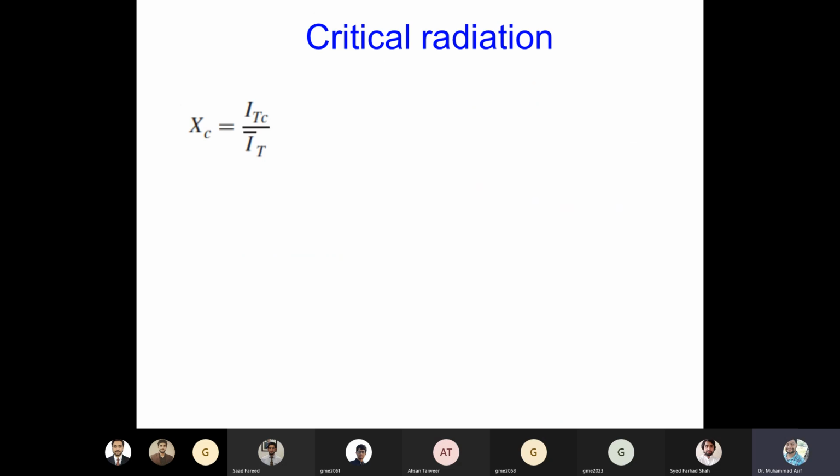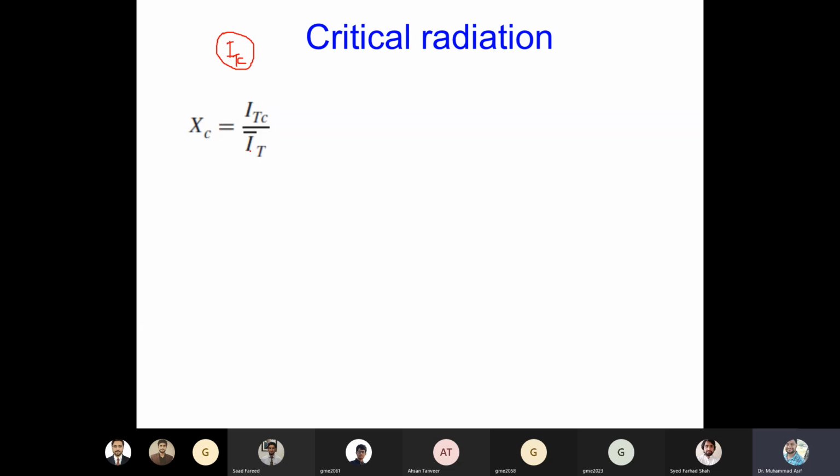Then there is a term we call critical radiation level. As I defined, that is represented with the term XC, right? This is basically dimensionless. We know that ITC is basically the radiation at critical level, but we can make it dimensionless by dividing with the average absorbed radiation on any particular surface.